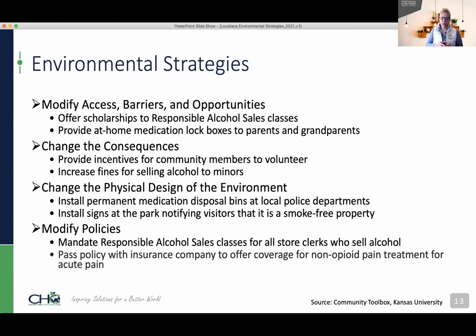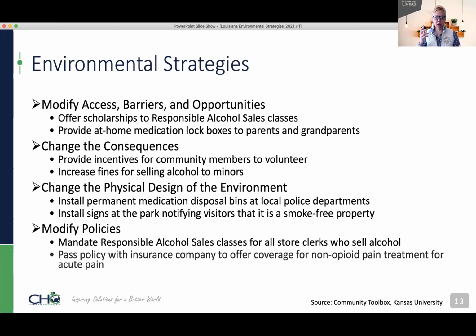We can also change the consequences, and sometimes this might mean adding negative consequences for engagement in risk behaviors, or it might be adding some sort of incentive for making the healthy choice or engaging in healthy behaviors.